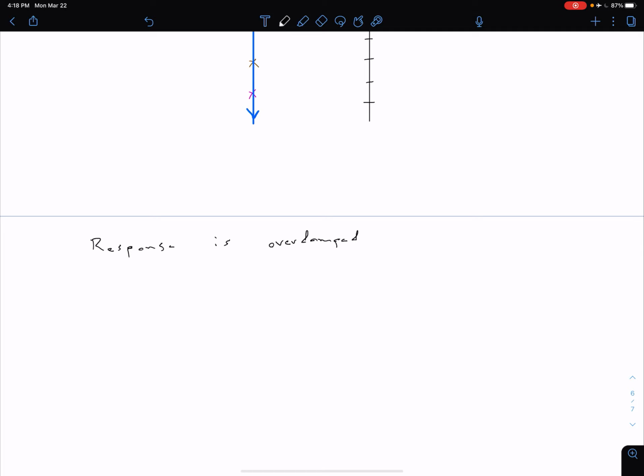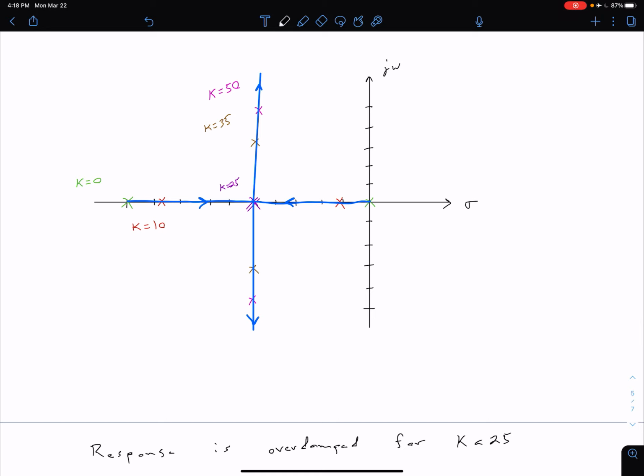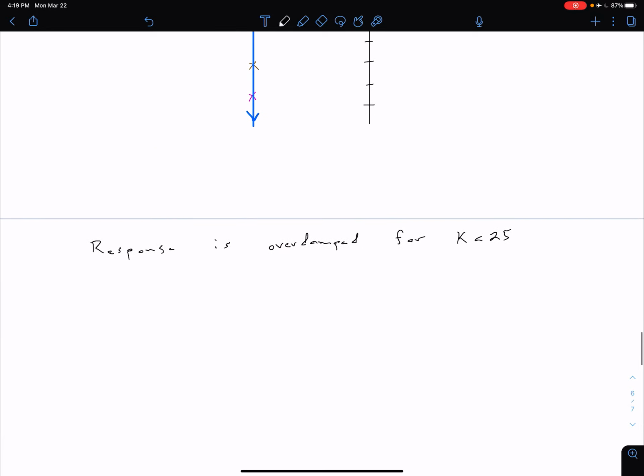The reason we can say that is because for k less than 25, our two poles are on the real axis. Once we're at that 25 point, it's going to be critically damped because we have real and repeated poles.